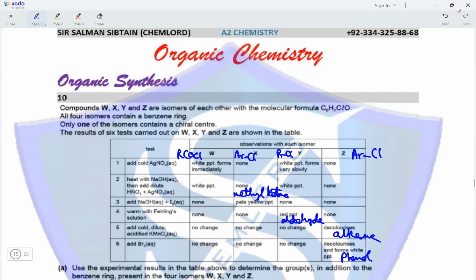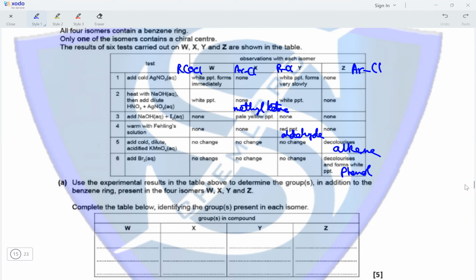Use the experimental results in the table above to determine the groups in addition to the benzene ring present in the four isomers W, X, Y, and Z. The only thing identifiable in W is the presence of the acyl chloride group. In X, we have identified the presence of chlorobenzene and the presence of a methyl ketone.